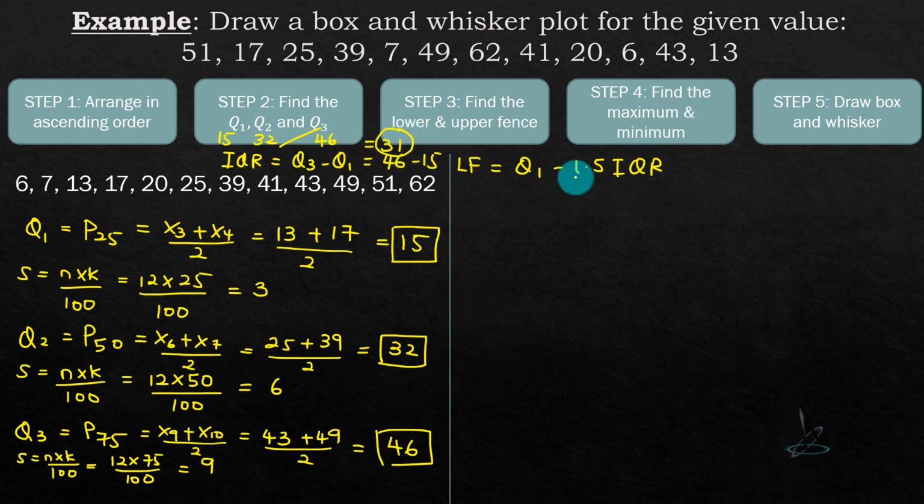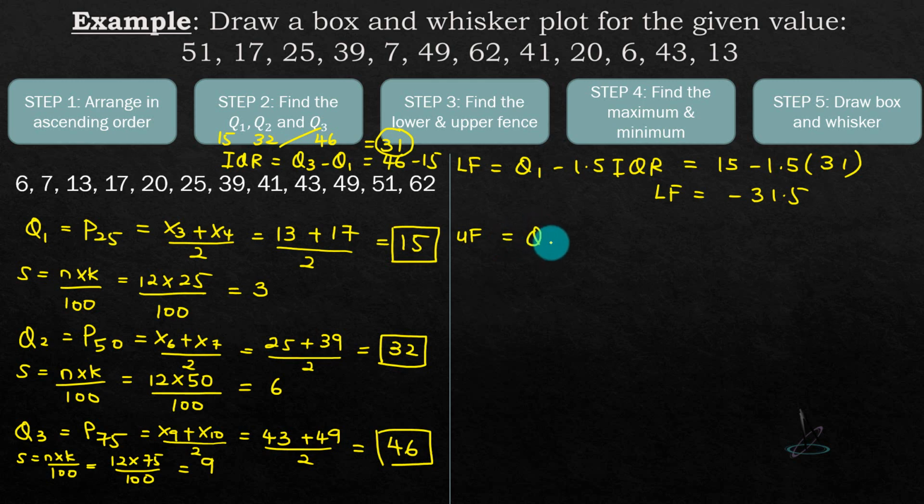Let us use this value over here. The first quartile is 15 minus 1.5 multiplied with the interquartile range, which is 31. By calculating this, we get our lower fence equal to negative 31.5. Once you have your lower fence, it is time to calculate the upper fence.